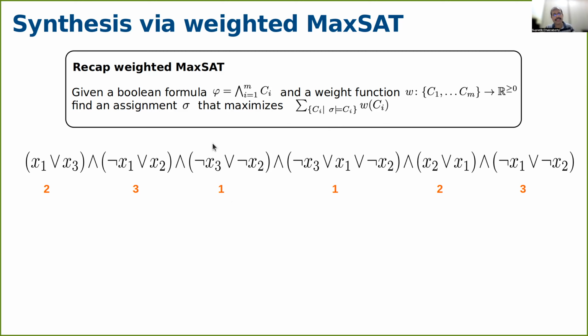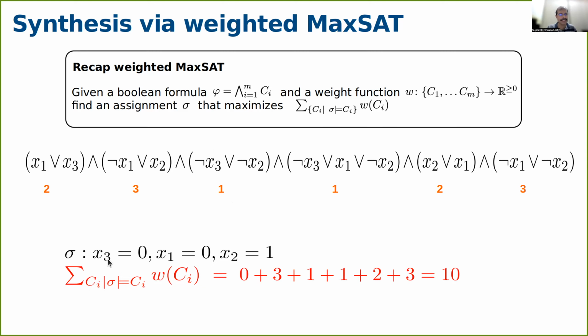So just as an example, I'm not claiming that this is the assignment that gives the maximal weight, but this is just to illustrate how the weights are computed. So if I take this assignment, x3 is 0, x1 is 0, x2 is 1. You'll see that the first clause is falsified because both x1 and x3 are 0. So I don't get to add its weight, but all the other clauses turn out to be satisfied.